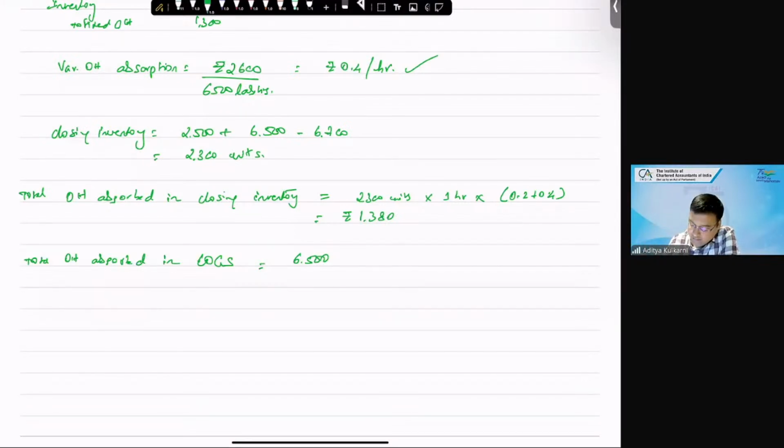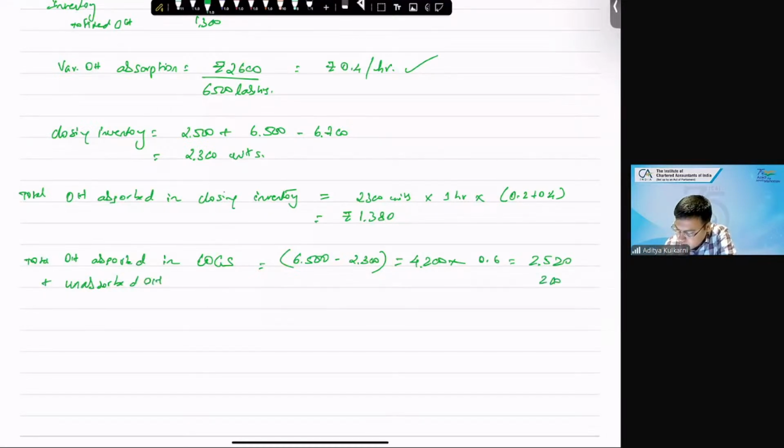So 6,500 minus 2,300, you have sold these many units from current production, which is 4,200 into 0.6, 2,520 plus unabsorbed overheads 200, 2,720.